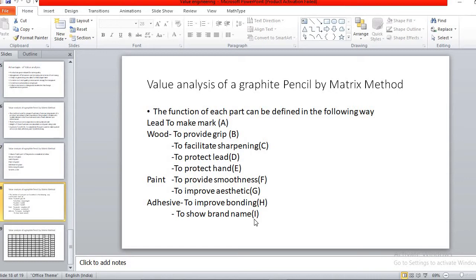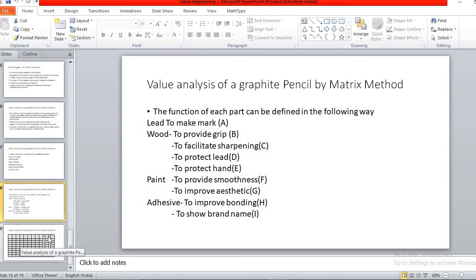So we identify some major elements. For each element, there are some functions. For functions we denote some notation as alphabets A, B, C, D, etc. And then we decide some major functions, and these functions we introduce in a table like this.